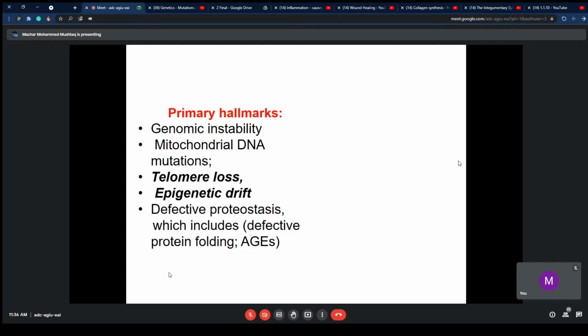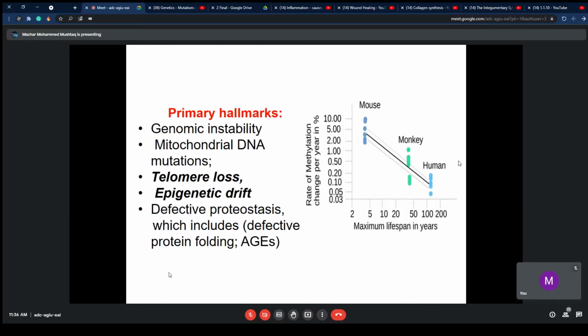These are some of the primary hallmarks, and they are evident in many cases. In one study, they have shown here, for example, on the x-axis the maximum lifespan in years, and the rate of methylation changes per year. You see there is a good amount of DNA methylation in mouse, monkey, and human. In the beginning, at an early age, it is high.